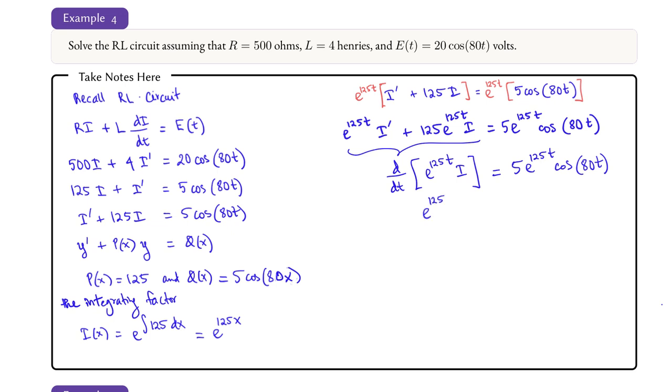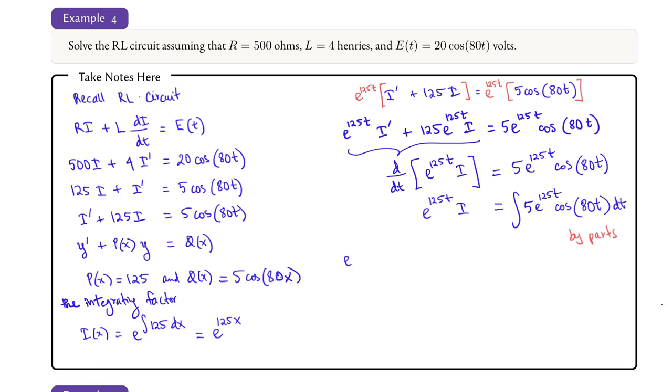And so e to the 125t times i is the integral of 5 e to the 125t times cosine of 80t dt. And this can be evaluated using integration by parts.